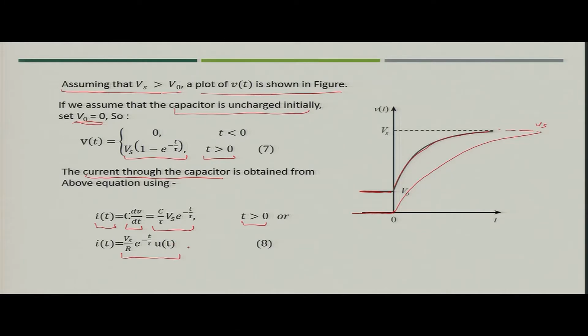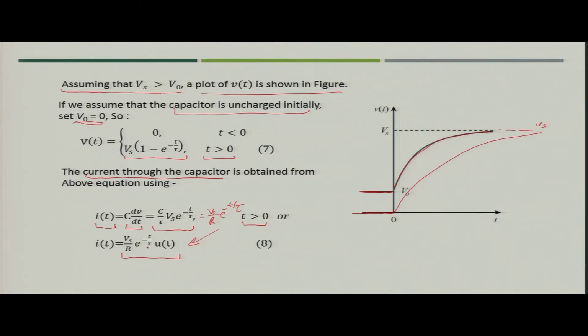Its value is nonzero when time t is greater than 0. So this equation, Vs by R e to the power minus t by tau for time t greater than 0, can be equivalently represented as Vs by R e to the power minus t by tau into u(t).